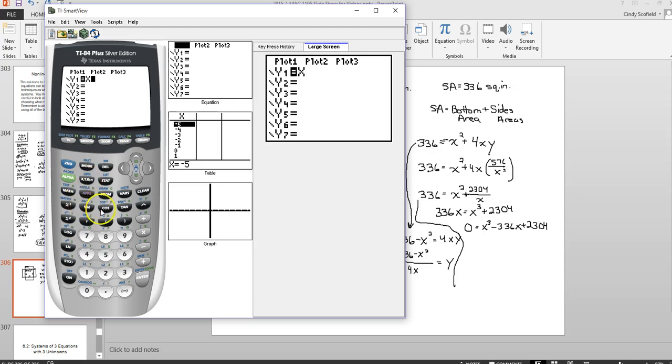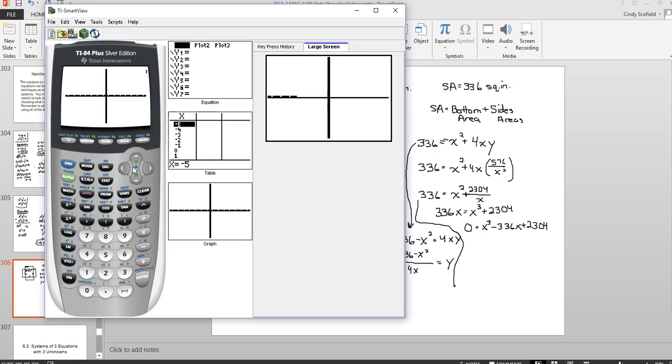Let's try x cubed minus 336x plus 2304. Let's see what that gets us. This time I want to compute my zeros here.